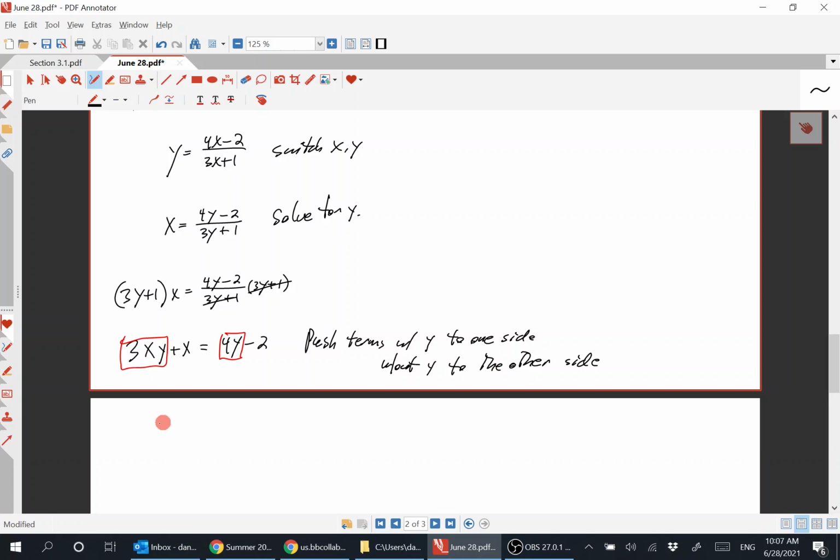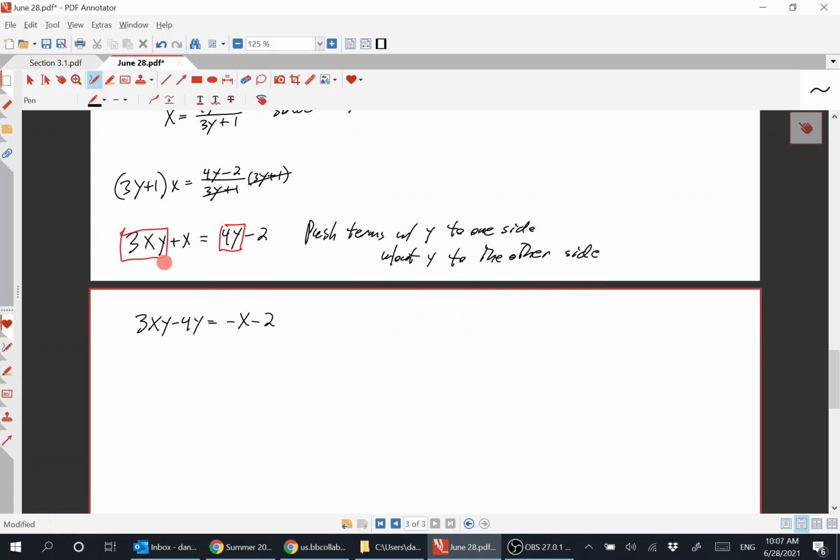So 3xy minus 4y is equal to minus x minus 2. I moved the x over here, moved the 4y over there, subtracting x and 4y from both sides, and I'm left with this.